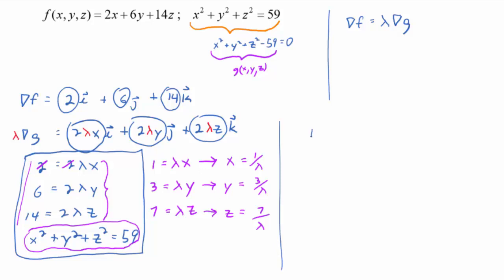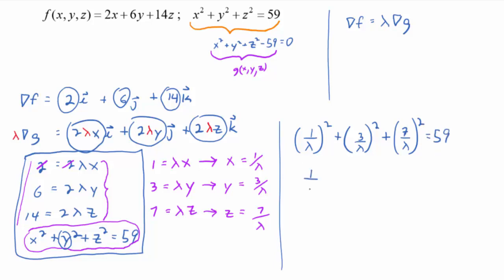Plugging in for x, we have 1 over lambda squared. Plugging in for y, we get 3 divided by lambda, and then we have to square it because it's y squared. Plus 7 divided by lambda, that's supposed to be a 7, squared equals 59.